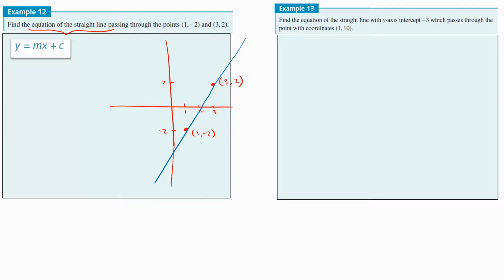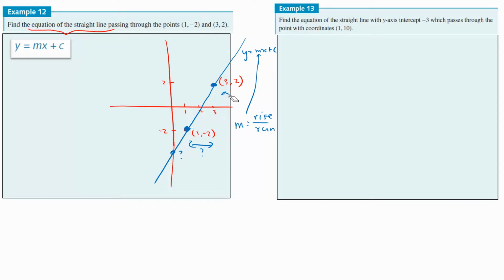Looks something like that. My job is to find the gradient first because I have nothing at this moment. I don't know what the y-intercept is. I have no idea what that is. I don't know what the gradient is, but I know I can find it because from 2b we knew it was rise over run. Which really just means from this first point to the second point, how much did I go across and how much did I go up? That's what I want to know.